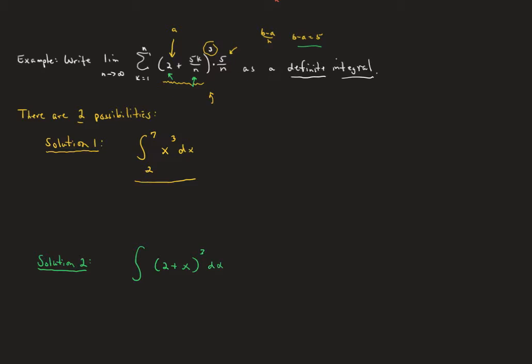Then we would be starting not at 2, but rather at 0 and still be 5 apart. So that is a second possibility that would be correct for that integral.